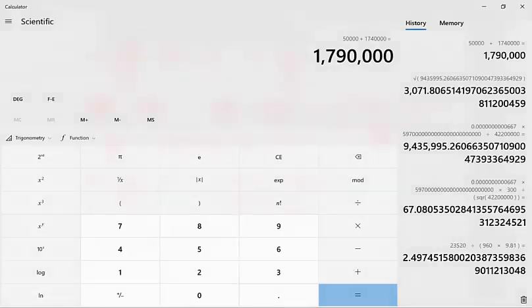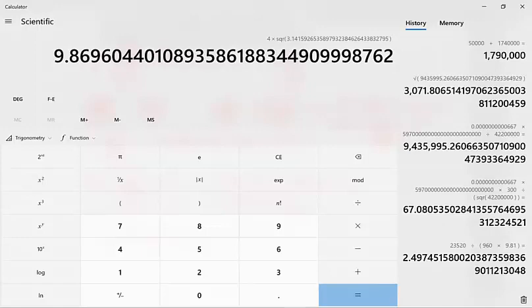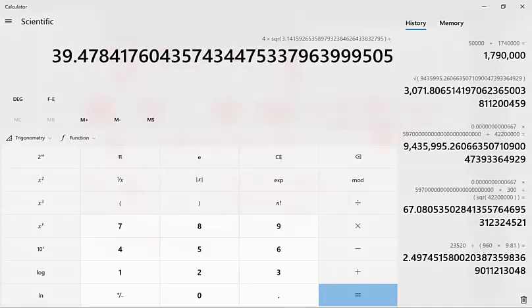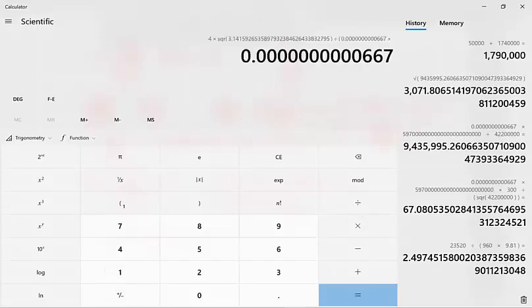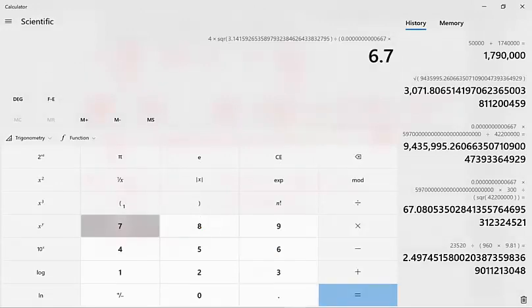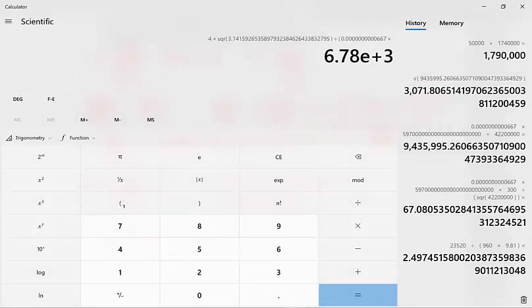We had 4 times pi squared divided by 6.67 times 10 to the negative 11 times 6.78 E3 squared.